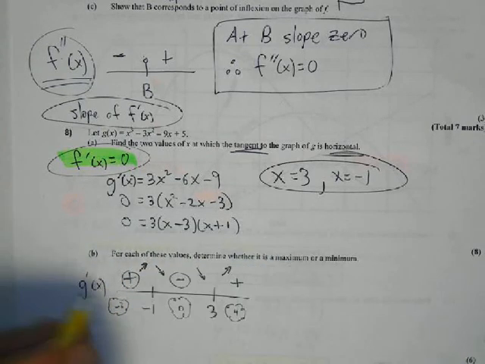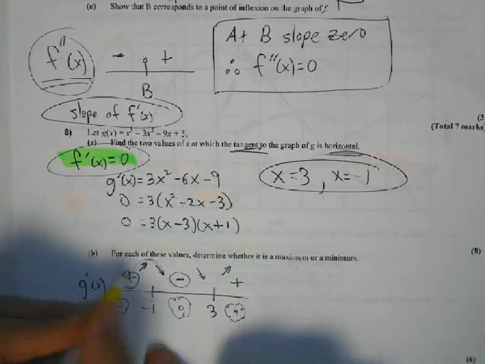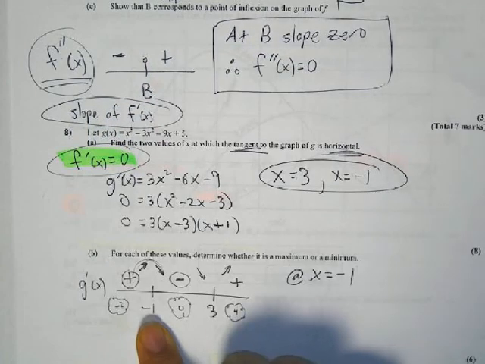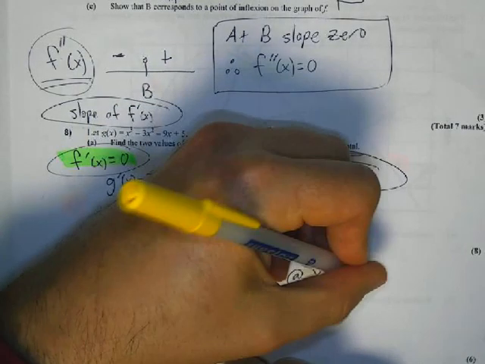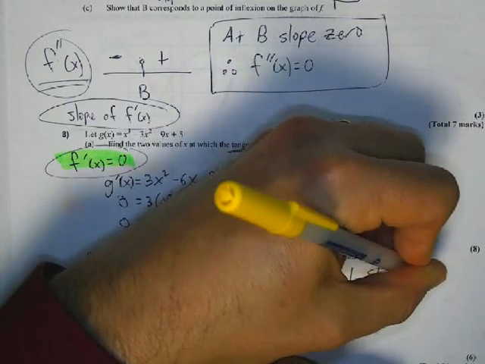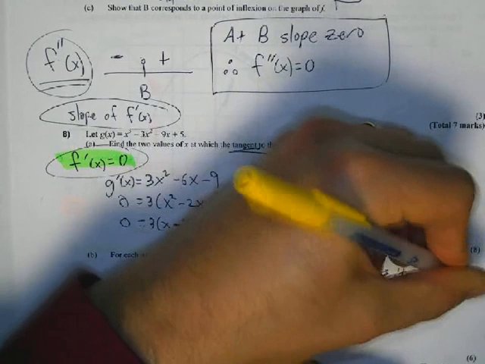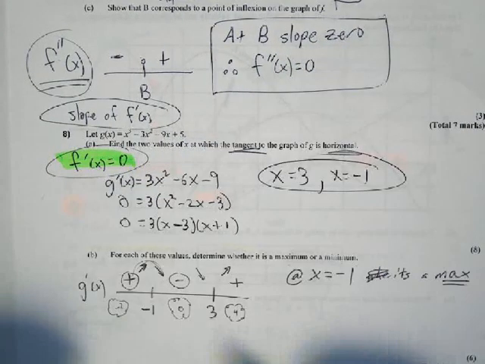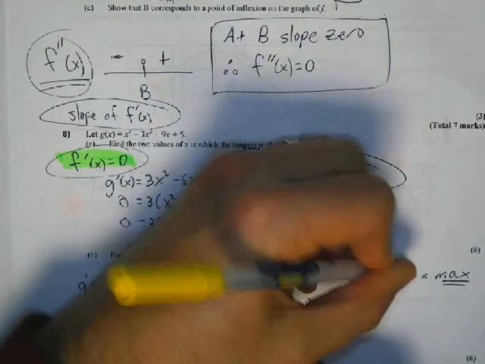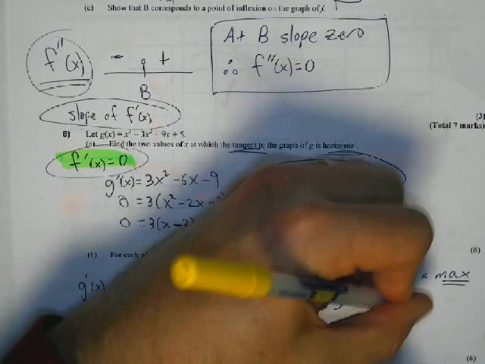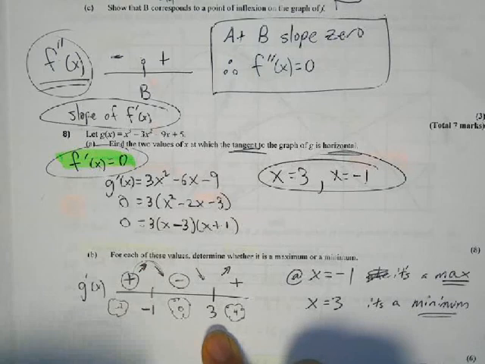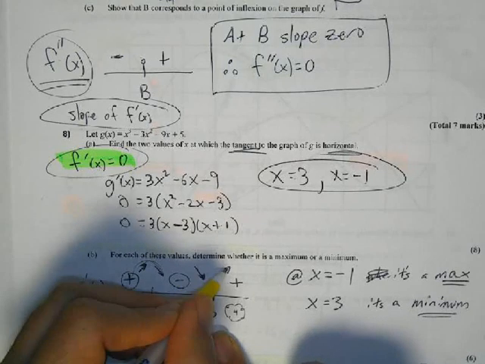At x equals negative 1, we have a maximum. At x equals 3, it's a minimum, because the slope goes from a negative slope to a positive slope. That's a minimum.